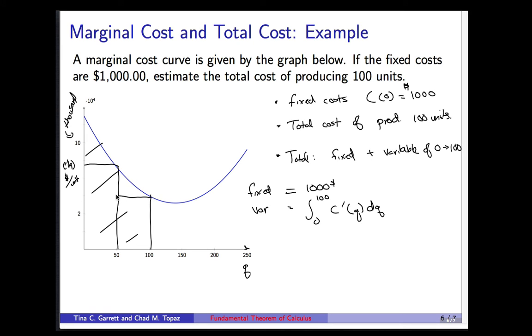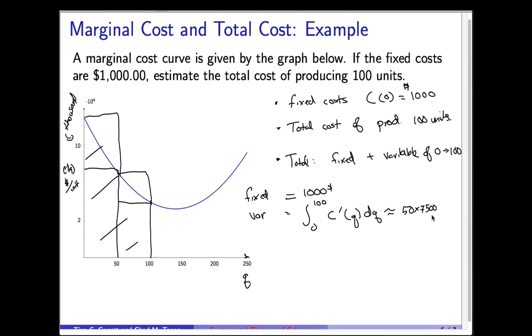If we use 2 rectangles, that might be 50 units times, oh gosh, that looks like 7,500 for the area of the first rectangle, plus 50 times about 4,000 for the area of the second rectangle, which gives us 50 times 11,500, and that's 1,150,000 divided by 2.